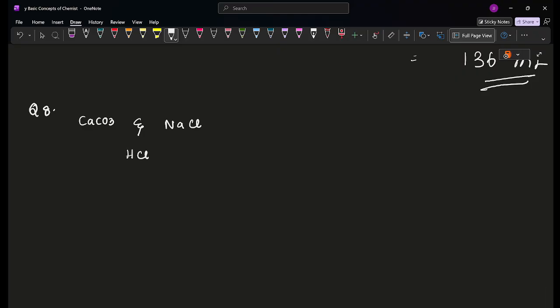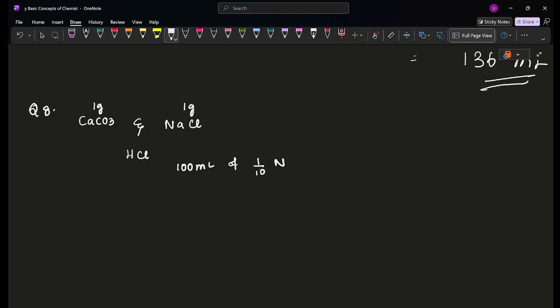The percentage of CaCO3 in the mixture is yet another question. So both of these are 1 gram. If this is 100 ml of 1 by 10 normal.